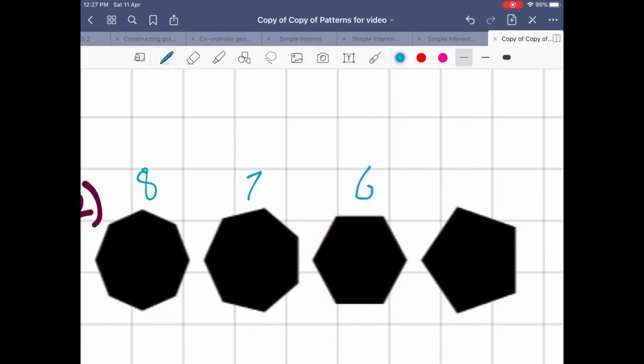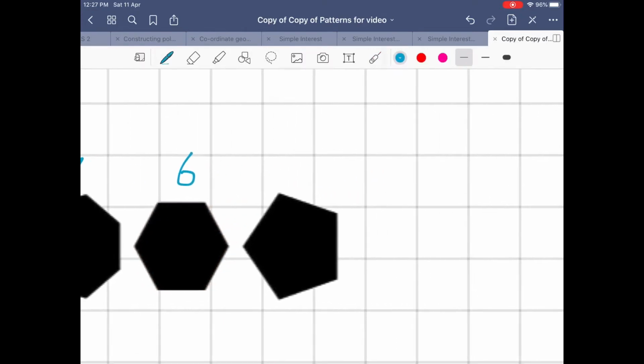So we are seeing the pattern developing here. And as expected, this one will have 1, 2, 3, 4, 5. So since we are decreasing the number of sides by 1, the next item will have 1, 2, 3, 4 sides.